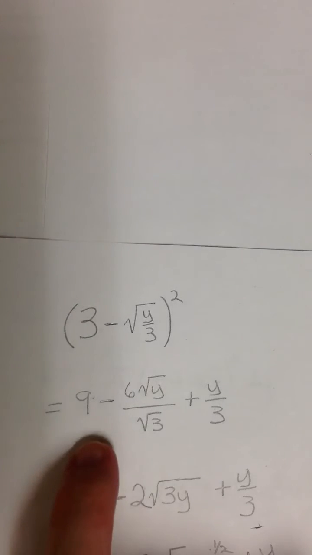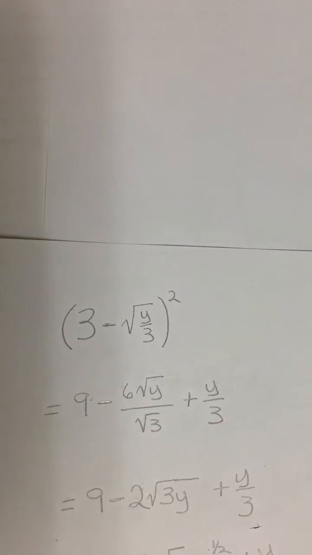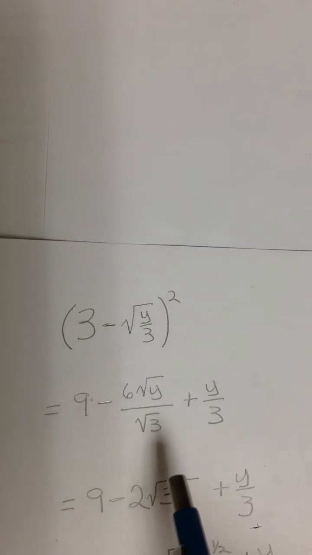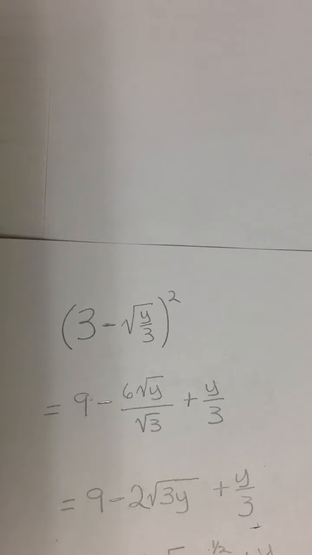If you square out 3, you have 9. Square out the last term, and this will free up the radical. The square of a negative is positive. Then for the combination of the outside and inside terms, you have minus 6 times the square root of y over the square root of 3. Now 6 over the square root of 3 is going to be 2 times the square root of 3 multiplied by the square root of y.